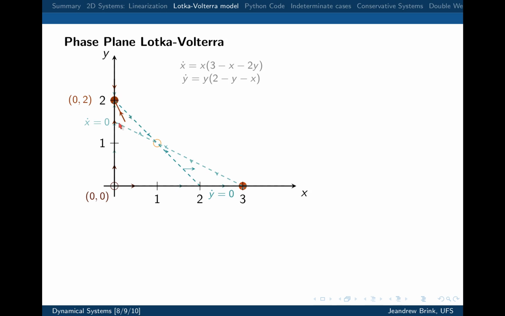Once again, you can see these two nullclines basically imply that all the trajectories flow across that nullcline into this area and up across that second nullcline into this area, and then they're going to approach the fixed point along this eigendirection.